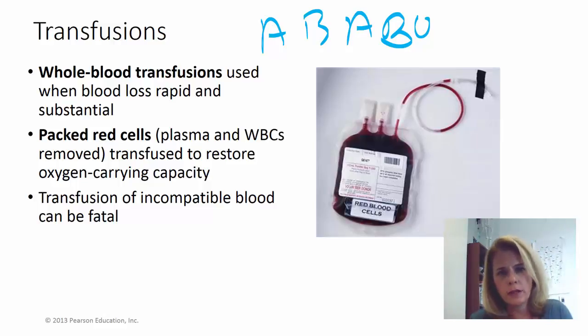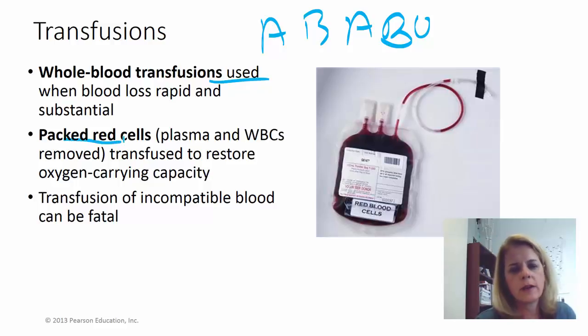But when they do blood transfusions, there's really two ways they can do that. They can give a whole blood transfusion, and this is going to be when you're having a really fast, large loss of blood. They want to get your volume and red cells and everything back up. They'll give you whole blood. But a lot of times they can just give you packed red cells. So this isn't necessarily when someone's lost a lot of volume, but they maybe need some more oxygen carrying capacity.